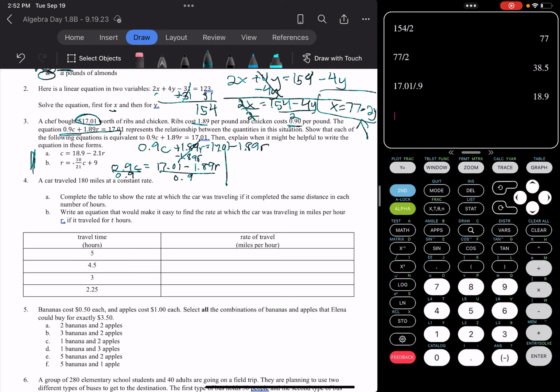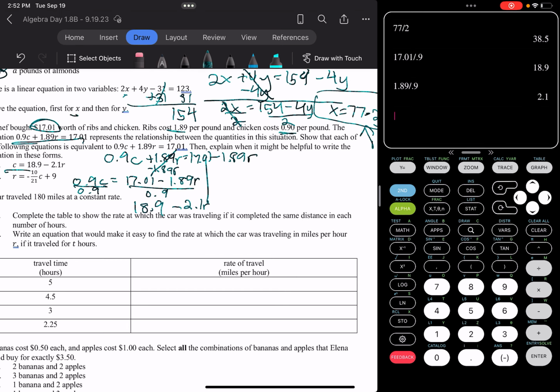It's going to give us 18.9, so that's where we got this. 18.9 minus 1.89 divided by 0.9. It's going to give us 2.1r. And that's where we got this second part of this equation here. Okay? So that's showing the steps to get from the original equation to c equals.